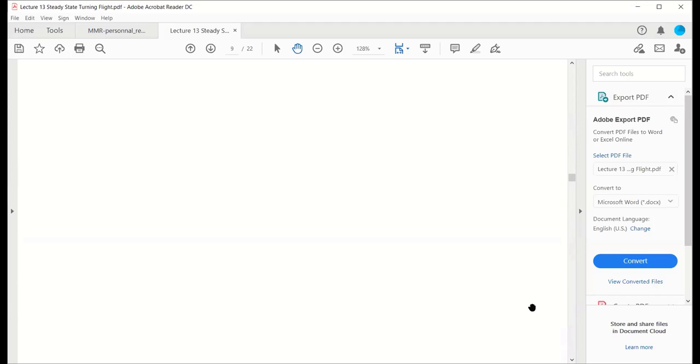Trying to figure out why it's not showing my PDF here. Let me try the other computer.